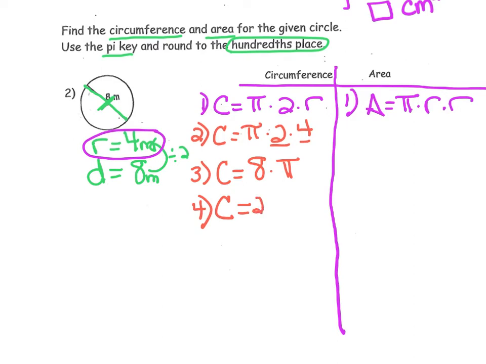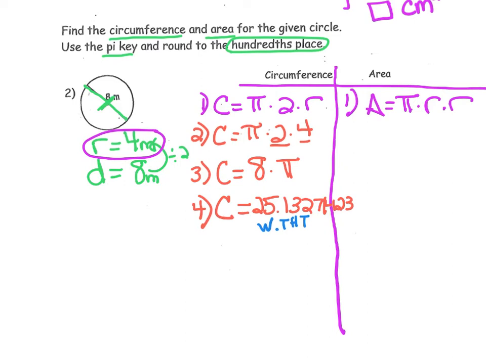You should have gotten 25.13274123. This time we're rounding to the hundredths place. What dot the heck tray?